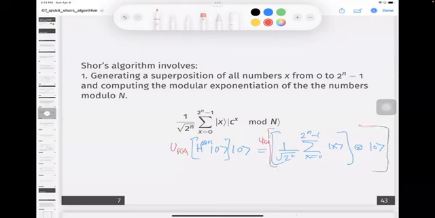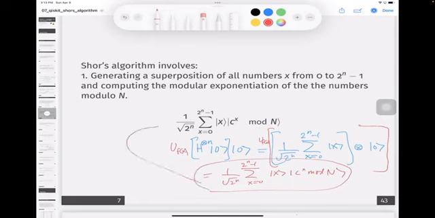And it will result in 1 over square root of 2 to the n, summation x equals 0 to 2 to the n minus 1. X will stay the same, but then 0 will become c to the x modulo n, which is nothing but this one here.